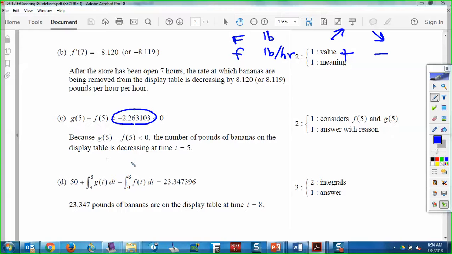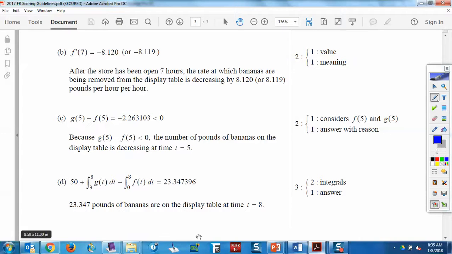And since that's negative, the pounds are decreasing. Okay? So really there wasn't much math to do there. It was understanding the units and the idea of the chart, because with your calculator, it's really easy to just plug a 5 into those two equations. You didn't have to do anything. So it's just understanding what we need to do with those. Okay, let's move on.